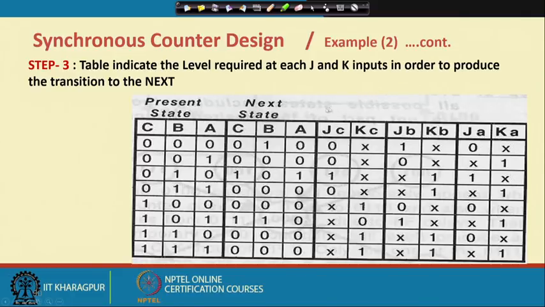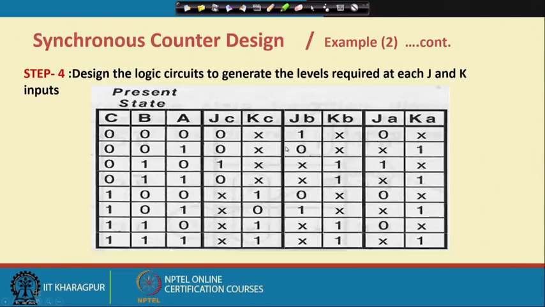So, that way we write down the transition table and then we go for the logic circuit. For the CBA values, what are the values of JC, KC, JB, KB, JA and KA? If you write that down, then you can make Karnaugh maps and do a minimization for each of these.